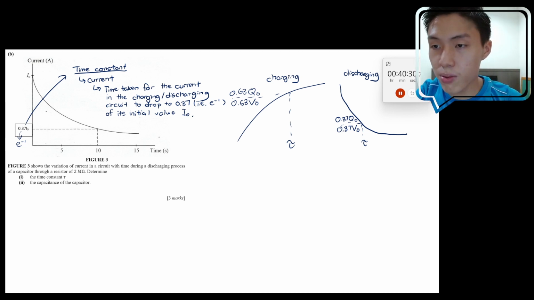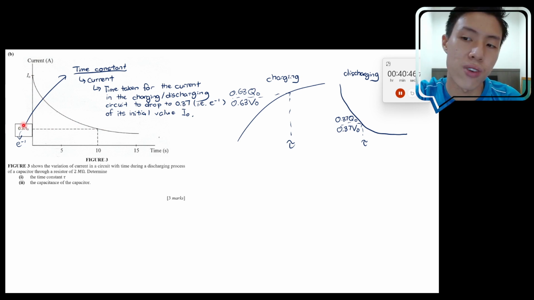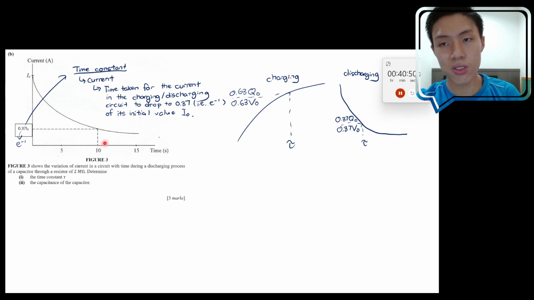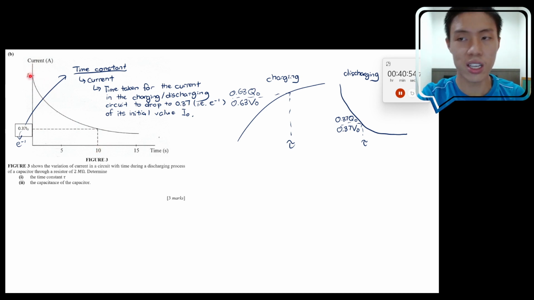Right now, because they specified 0.37, we know this value here will be tau. Tau is the time taken, 10 seconds, for the charging or discharging circuit to drop to 0.37 of its initial value. So this is actually the time constant. No matter if it's a charging or discharging circuit, this is the time constant, because they both decrease with time.